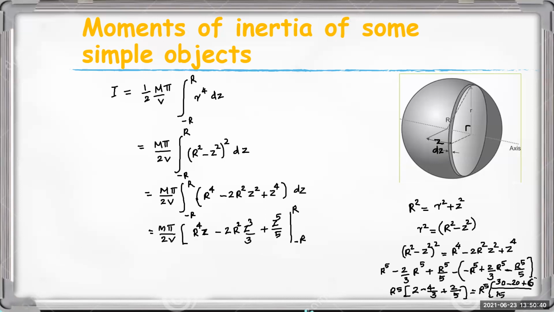Then it will give 30 minus 20, 10 plus 6, 16. Then 16 by 15, and we will get it is equal to m pi divided by 2V into R raised to 5 into 16 by 15.